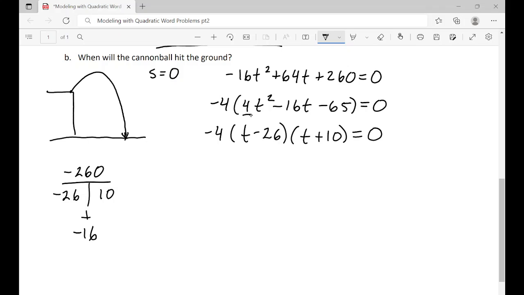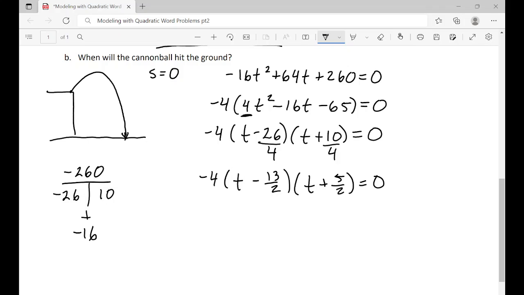And again, my leading coefficient here is a 4. So I'm going to divide everything by 4 and reduce. So negative 4, then t minus, and 26 over 4 is going to be 13 over 2. And then 10 over 4 is going to be 5 over 2.